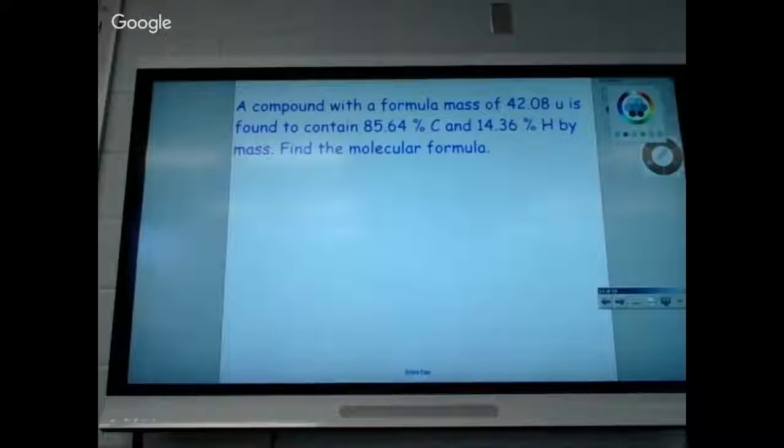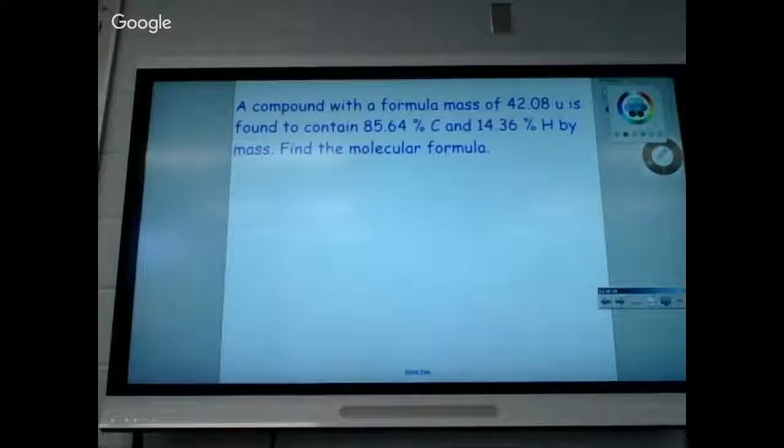Okay. Now, we want to find the molecular formula, just like you just did. But what does this question not have that you just had? There's no subscripts, which means I don't have what then, Gabriel? The empirical formula. Okay?